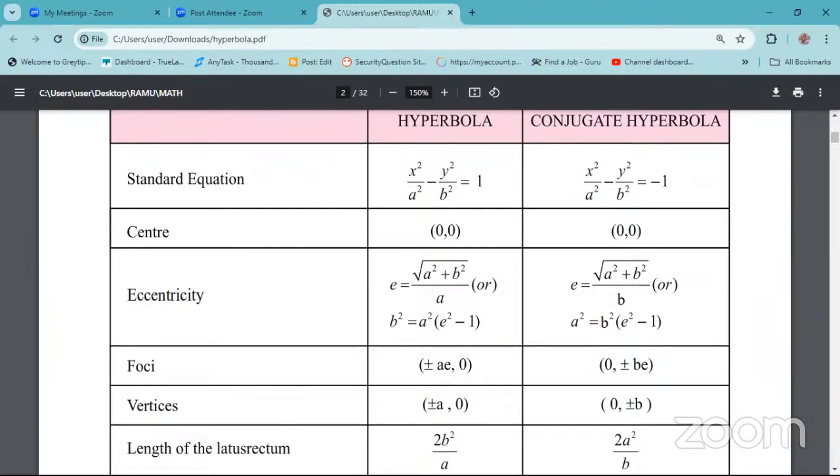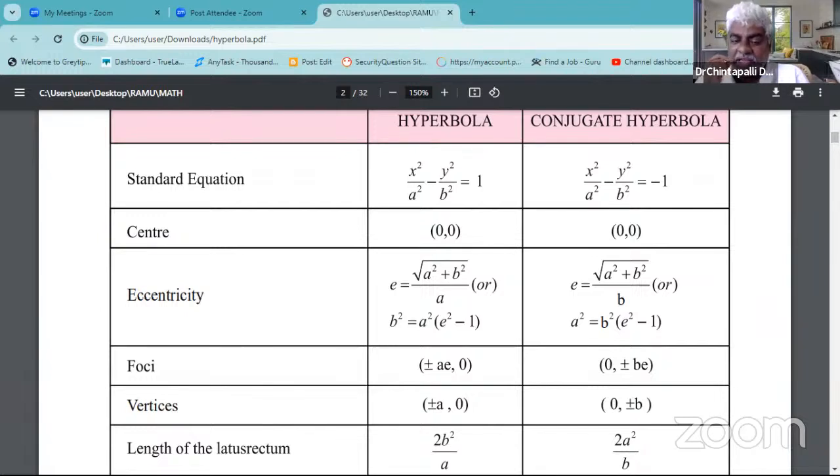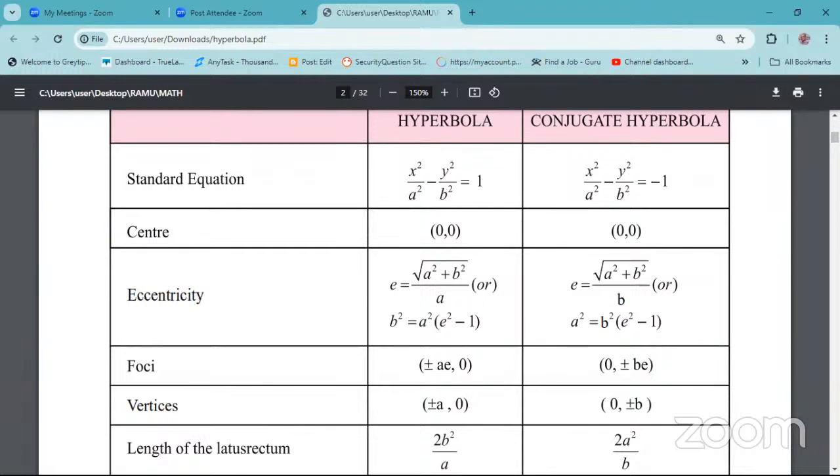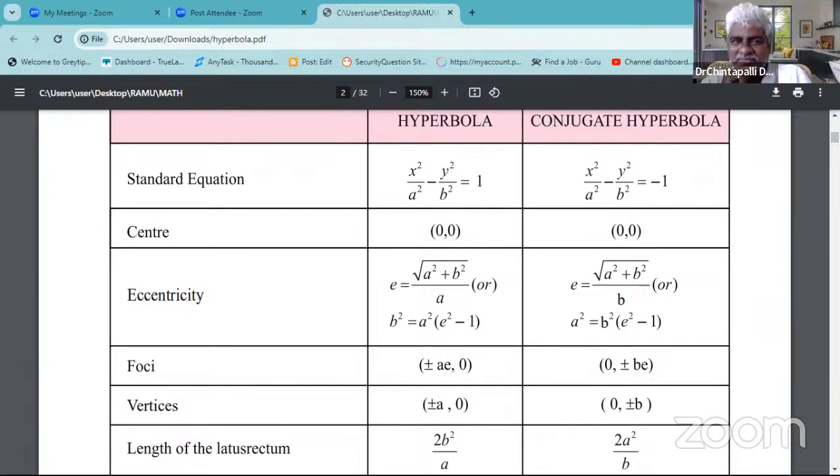Eccentricity is e equals root, same. Do you remember in ellipse we have different formula for eccentricity? The difference is the denominator. For hyperbola, its denominator is A. For conjugate hyperbola, its denominator is B. And the next formula also: B square is equal to A square times e square minus 1.